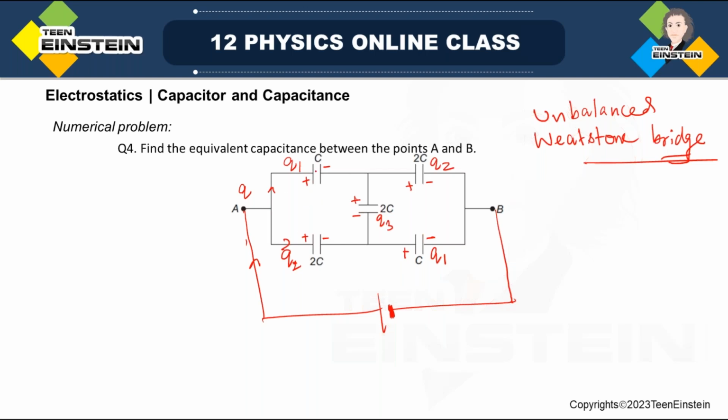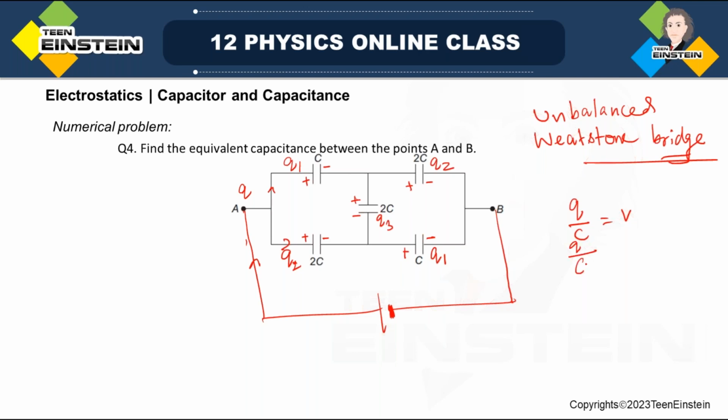Now after doing this, I can find the potential drop across each capacitor, using Q by C is V. If I can find the potential drop across each, then we can write C equivalent.